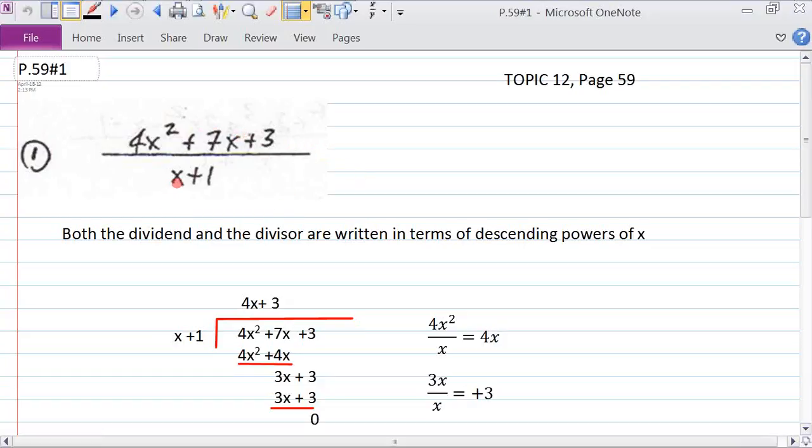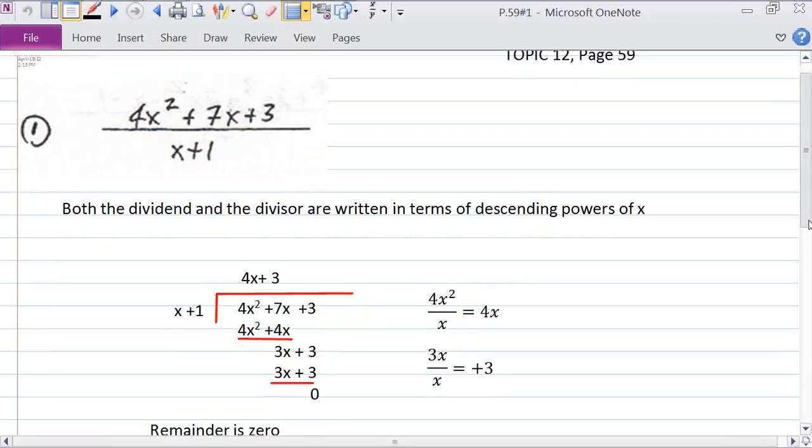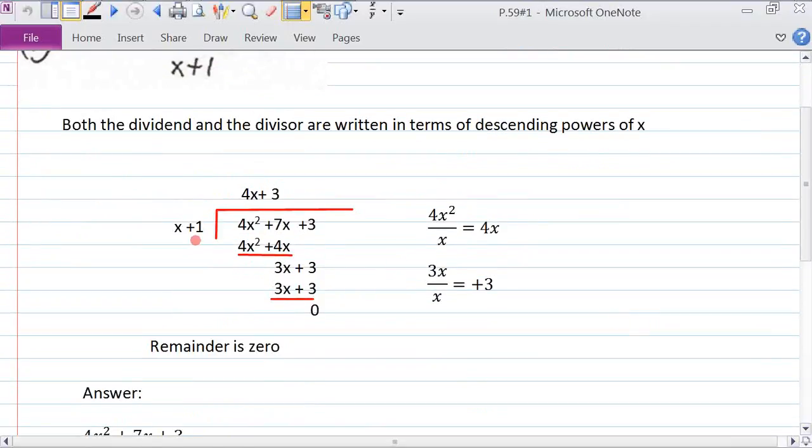Over here in the divisor, we have x to the power 1 implied, and in this term we have x to the 0. So as long as we have the descending powers in both the dividend and divisor, we can start. So what I'm going to do is take the 4x squared here, the first term, and divide it by the first term here.